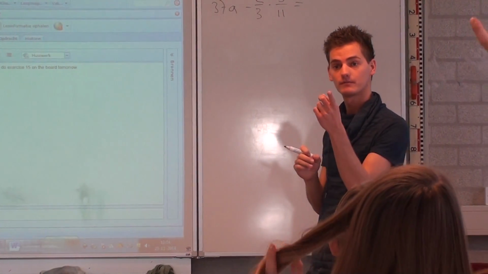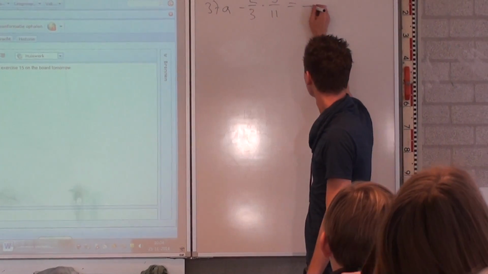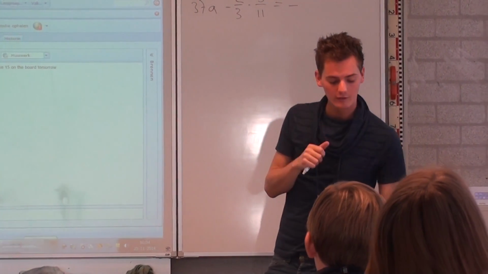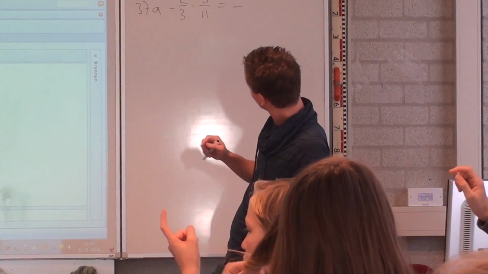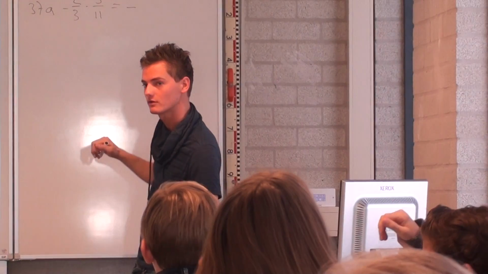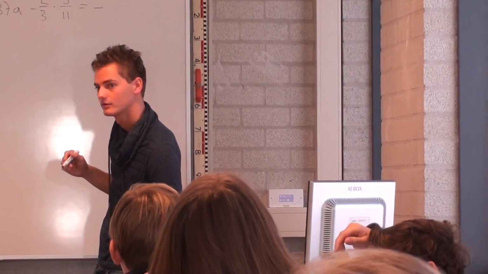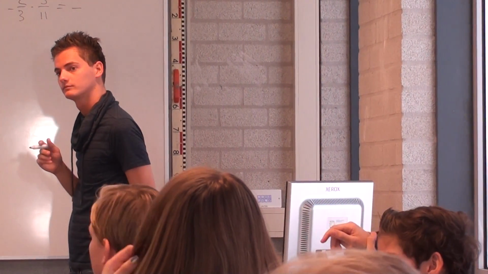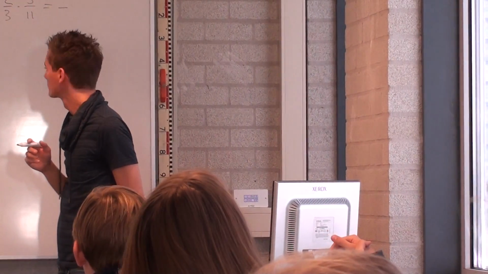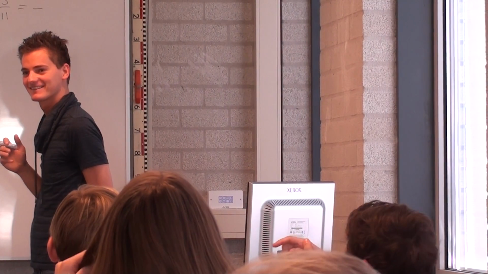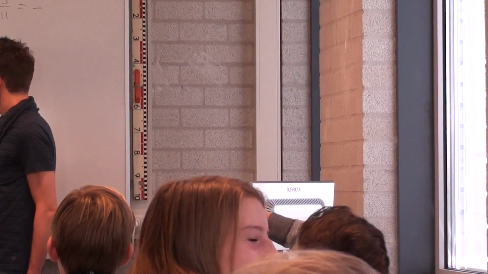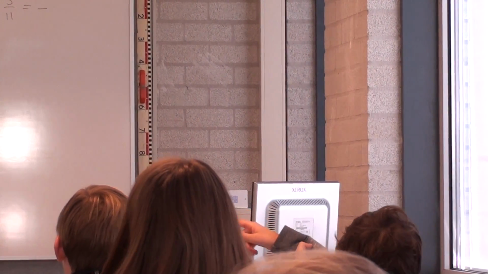Positive or negative still? Negative. What are the numerators over here? Sydney, what is the numerator in 2 over 3? In a fraction we have a numerator and a denominator.